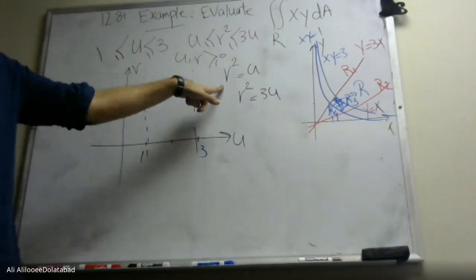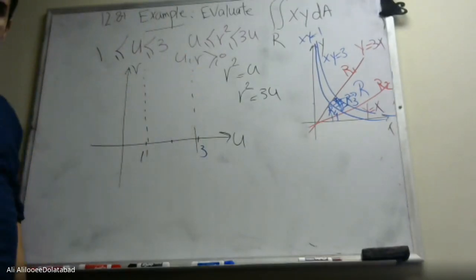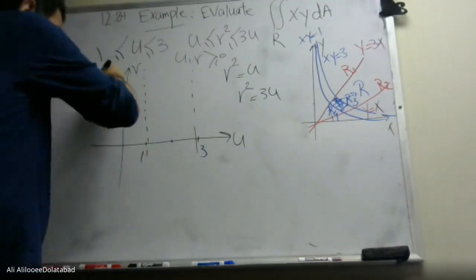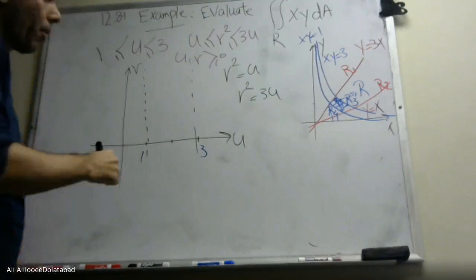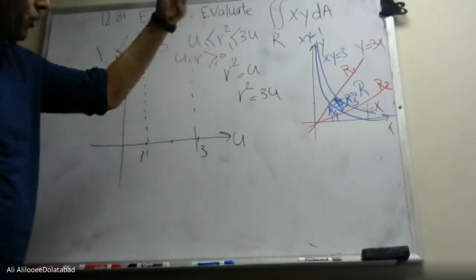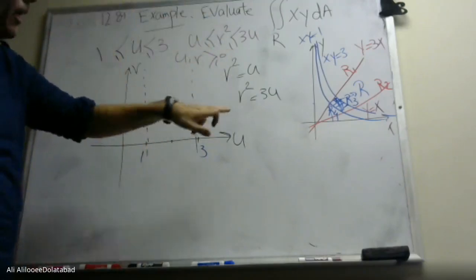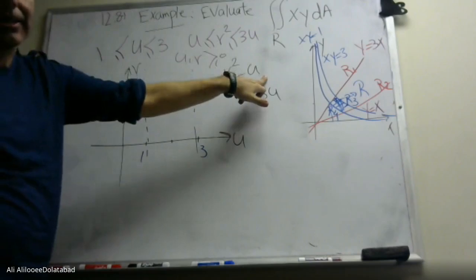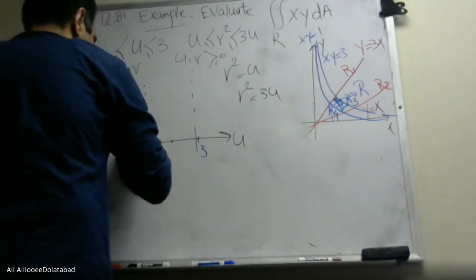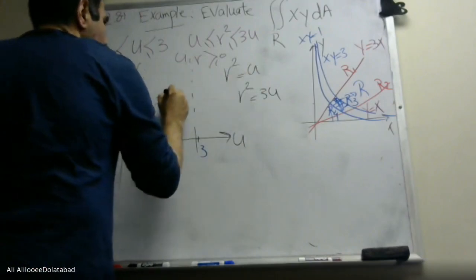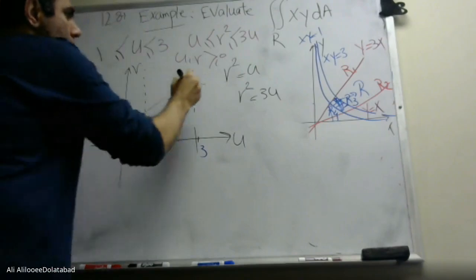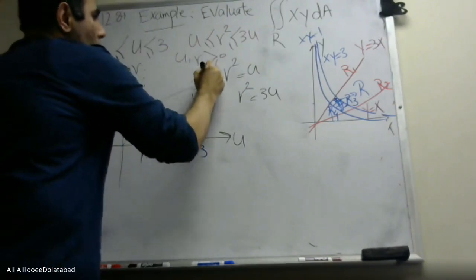Let's see, v squared equal u is a parabola, but not the usual kind. If you use y squared equal x, then the parabola will look something like this. This is v squared equal u.